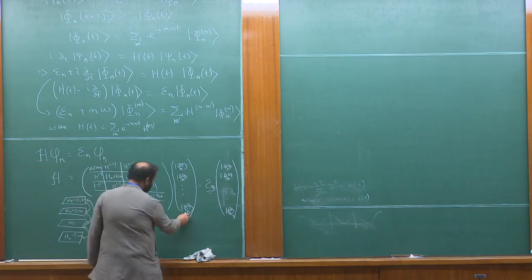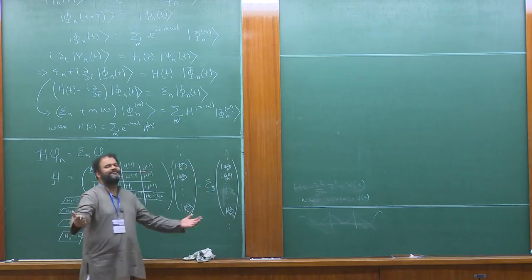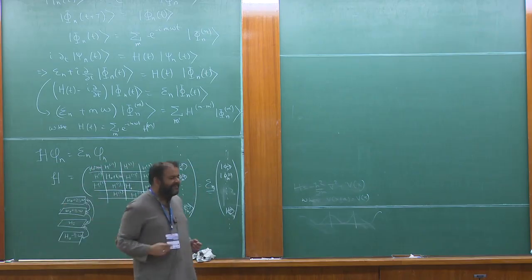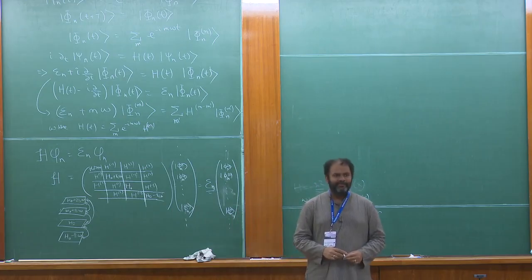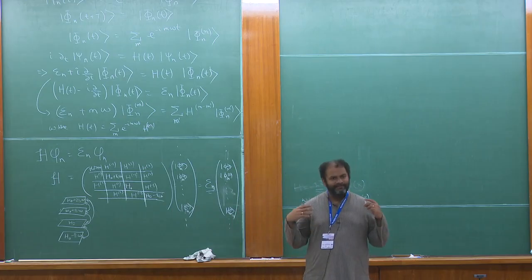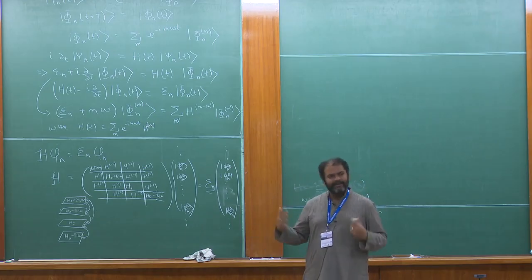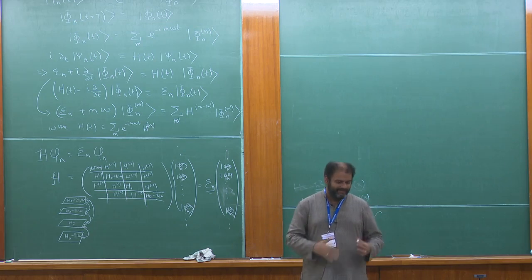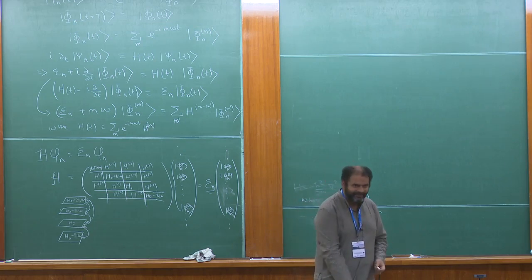So H is an infinite cross infinite dimensional matrix. So while I have a time independent formulation of the problem, I still am left with this big task, or an impossible task, of diagonalizing an infinite cross infinite dimensional matrix.